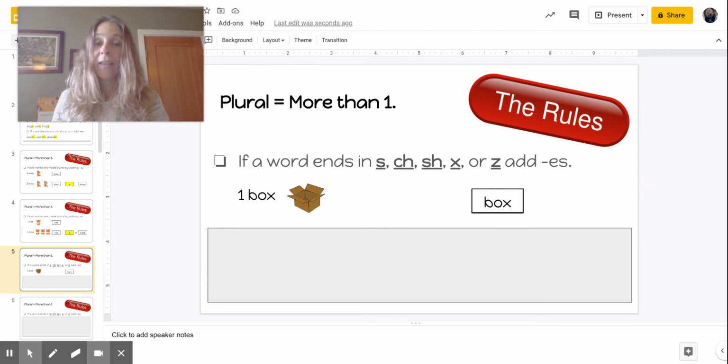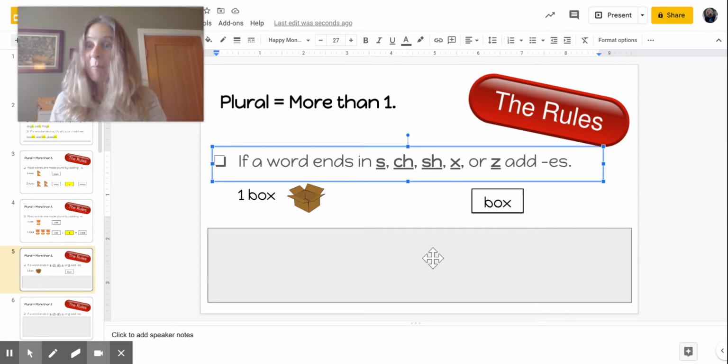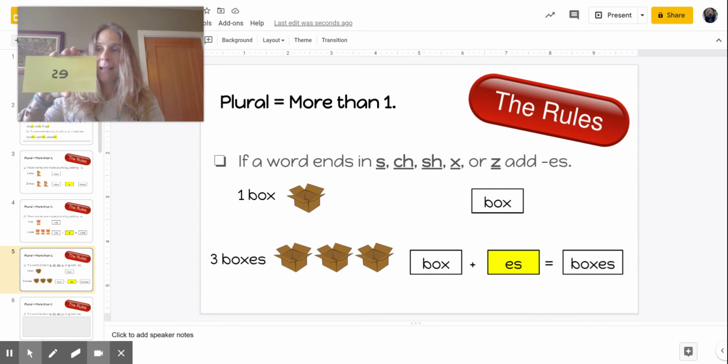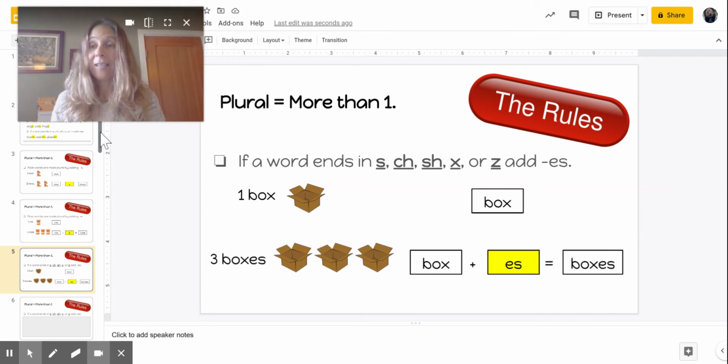Box ends with an X right there. So to make this plural, to say I have three boxes, I need to add my ES suffix. So three boxes, boxes. And if you're noticing that the ES kind of sounds like iz, you're correct. It does sound like that, but it's actually ES is how we spell it.